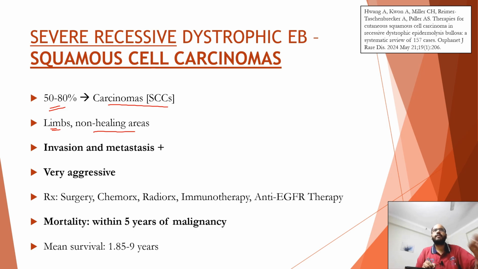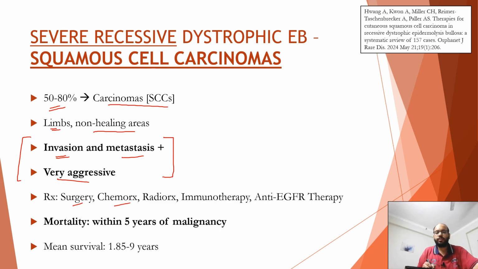The thing that separates SCC of EB from normal SCC is that squamous cell carcinomas in severe recessive dystrophic EB are very invasive and they metastasize early. So they are invasive, they are aggressive, they easily spread to other areas of the body. These two pointers are different from normal SCC that normally develops.